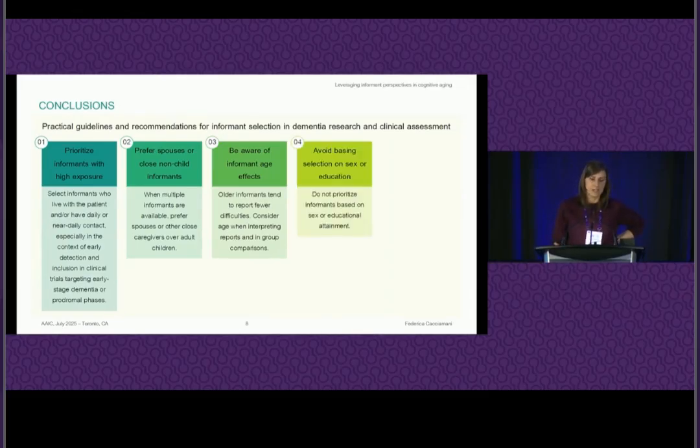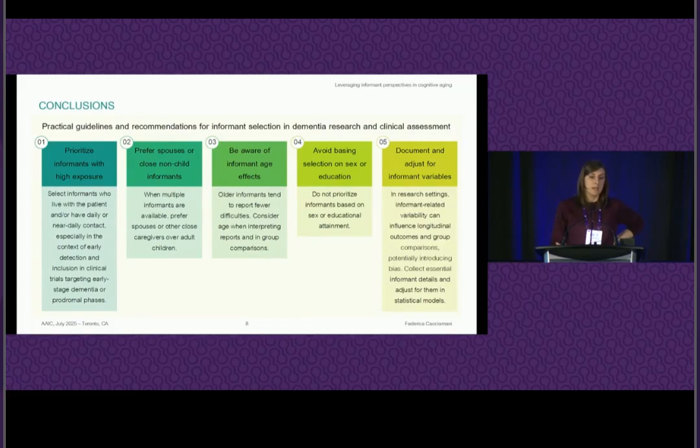Avoid basing informant selection on their sex and education. And this is important for us researchers: document and adjust for informant variables while using informant-based measures. We don't often do that, and we should, because you may introduce bias.